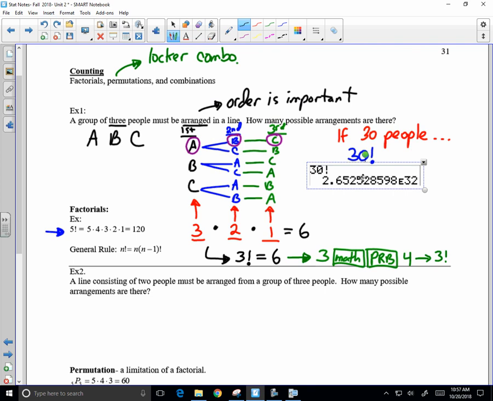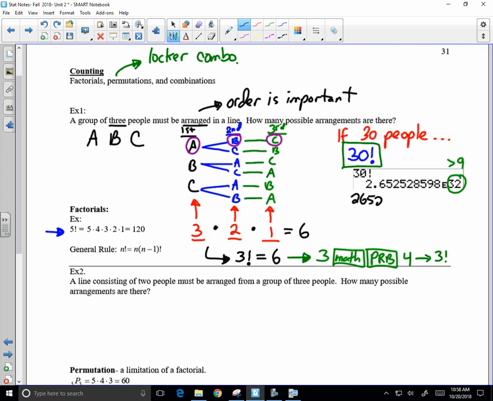This is where a little bit of number sense comes into play. But most people are fine just remembering that if this number here is bigger than 9, then leave it as this. And the reason why is if I were to write this number out, it would be 265252859 followed by 23 zeros.